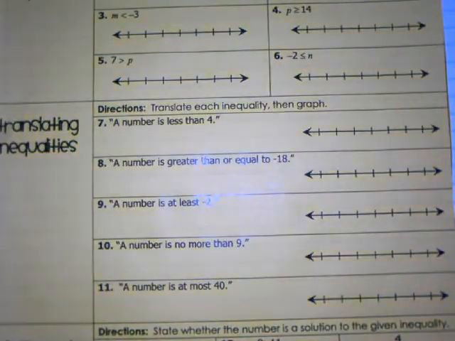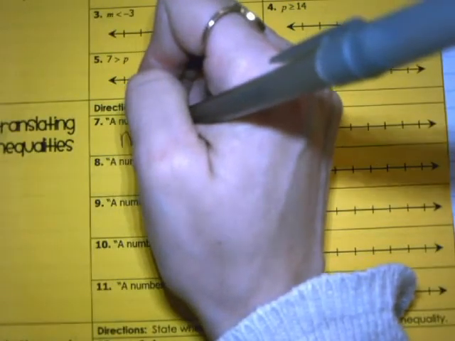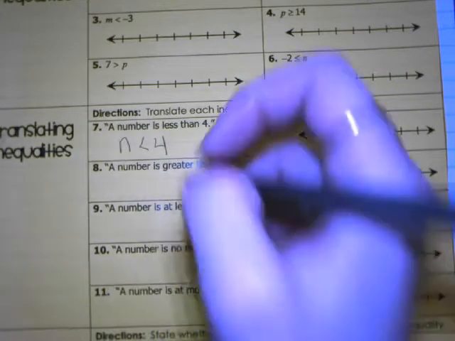Okay, so we were just writing because I have not taught you anything with the number lines yet. So 23, what did you and your partner say for number 7? Good, hopefully you guys wrote it like that. 10, what did you and your partner say for number 8?